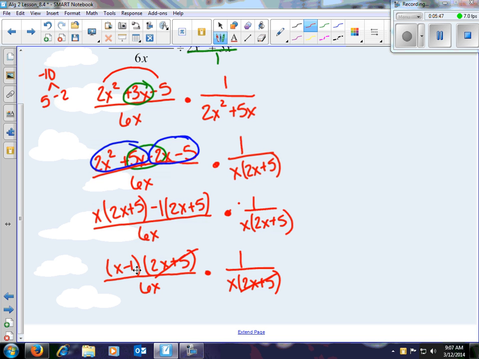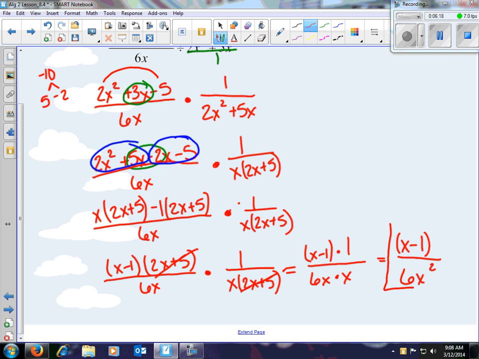I can't cancel 6x with x minus 1, so nothing else can be canceled. So now I have x minus 1 times 1 on the top divided by 6x times x on the bottom. The top is going to be x minus 1, and the bottom, x times x is x squared, so it's going to be 6x squared. This is going to be my answer.